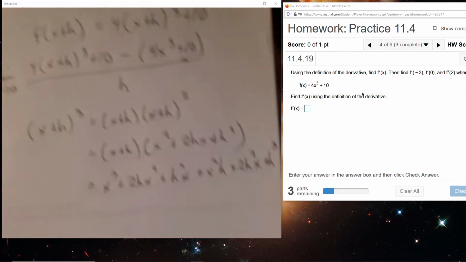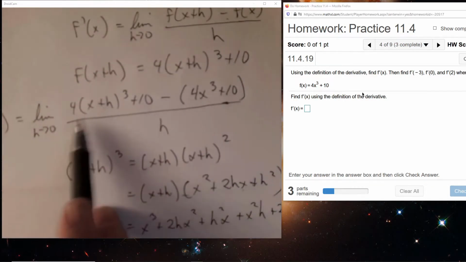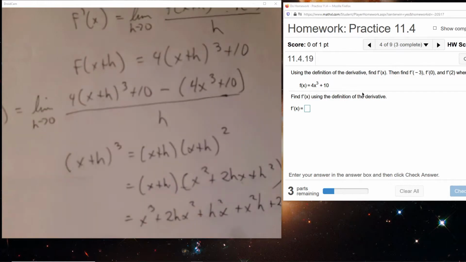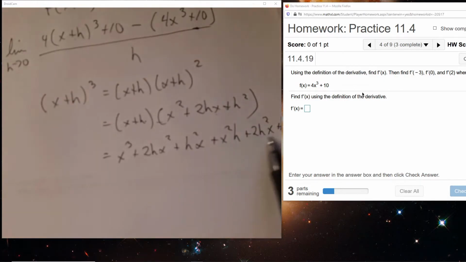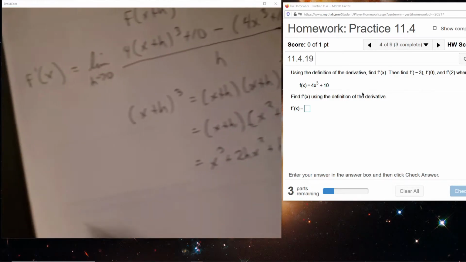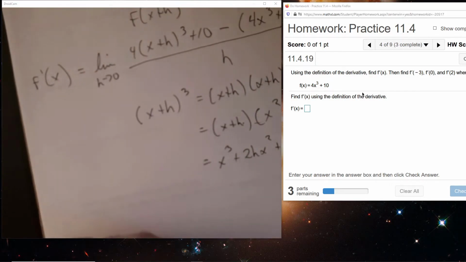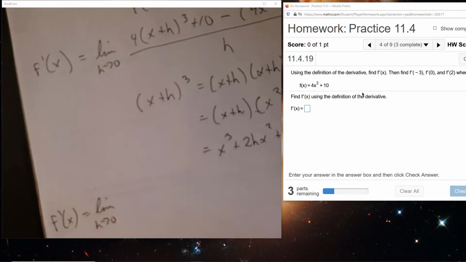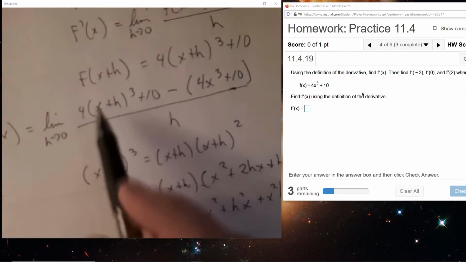And now looking back at the derivative, you can see we're going to multiply all of that by 4. And so that's what I'm going to do now. I'm going to take this 4, multiply it all by this x plus h cubed as the next step in writing out the derivative here. So again, I'm doing this part right here.